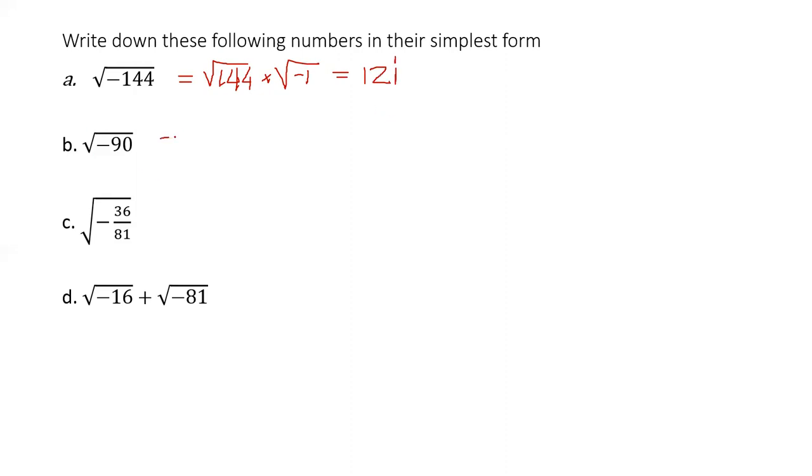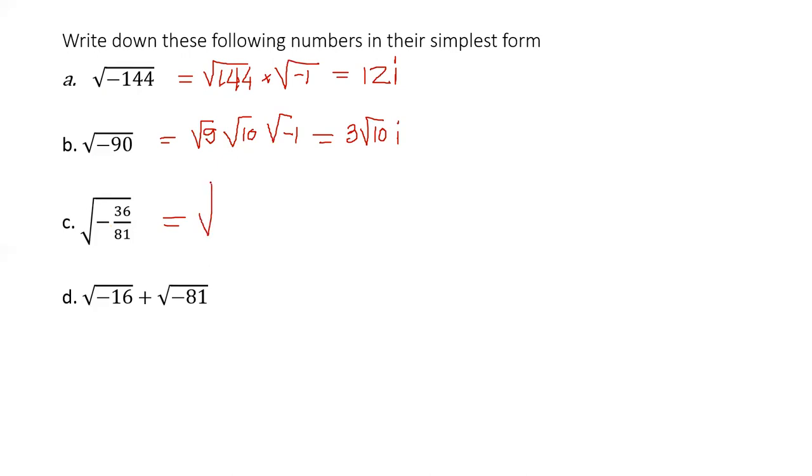It's very simple. About this, it becomes -9, I mean square root of 9 times square root of 10 times square root of -1. Okay, so 3 square root of 10 i. Very simple.